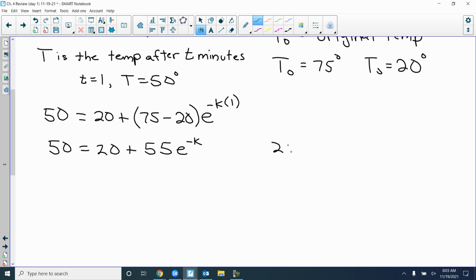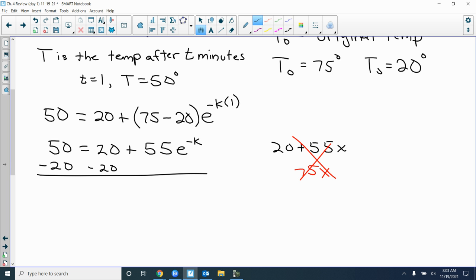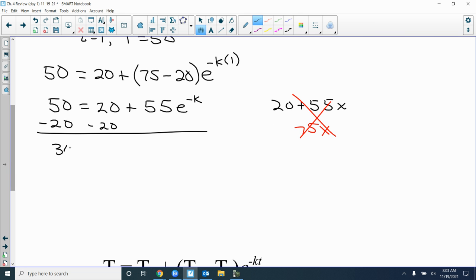This would be like 20 plus 55x, and absolutely you cannot say that is 75x. That is the first temptation. People want to do that. You cannot do that. So you've got to keep this separate. Subtract 20, and so I get 30 equals 55 e to the negative K.